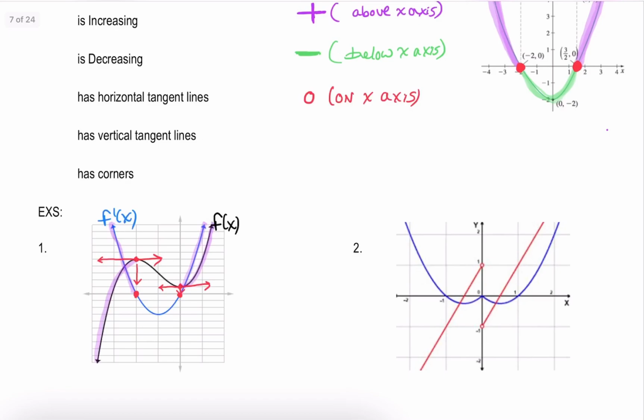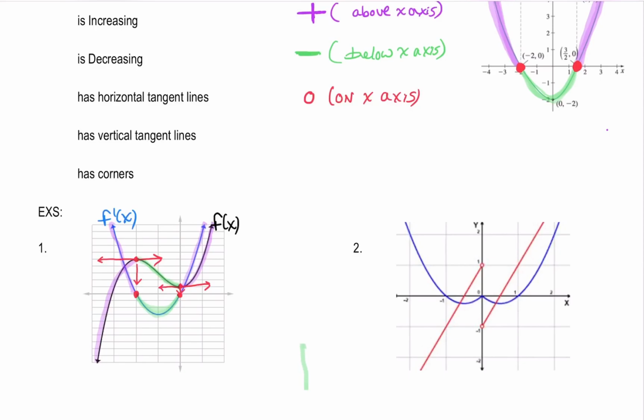Regions where f was decreasing, these are negative rates of change, negative derivatives. So this should be negative on the derivative function. And so that also makes sense. All right, so that's like a basic example. We'll come back to number 2 in a second.